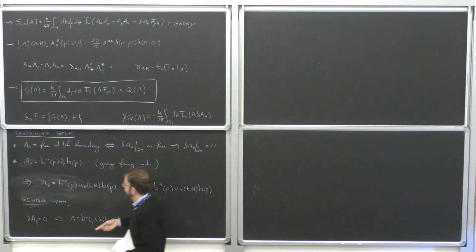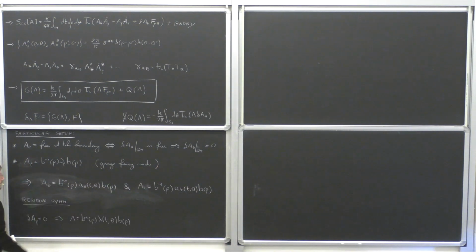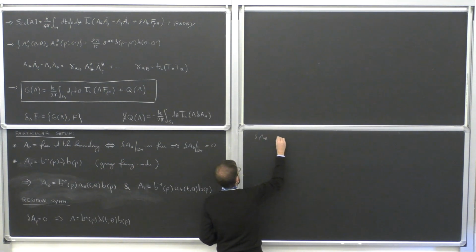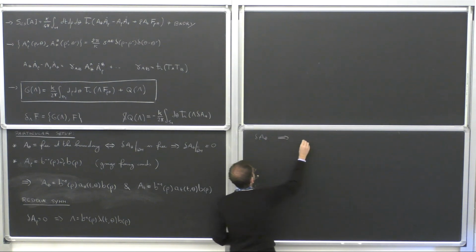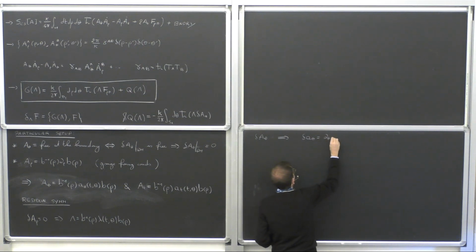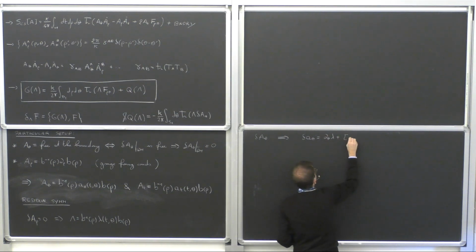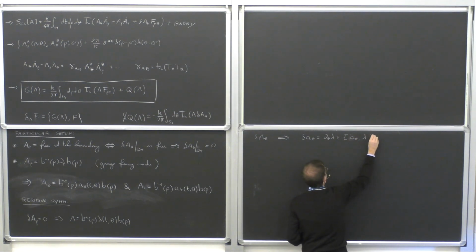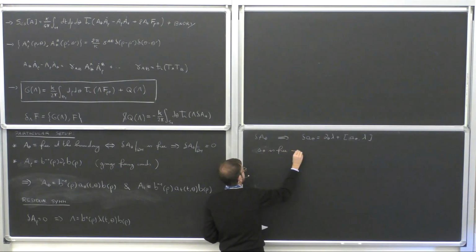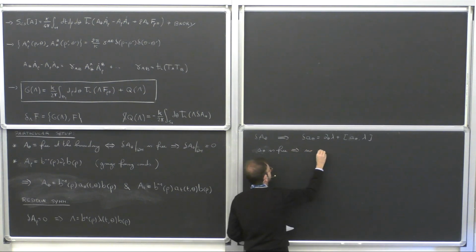Because if I look at delta A theta, it is induced by delta A theta, which is equal simply to partial theta lambda plus the commutator of lambda and A theta. But since A theta at the boundary is free, it means that A theta is free. And as a result, I have no constraints on lambda.